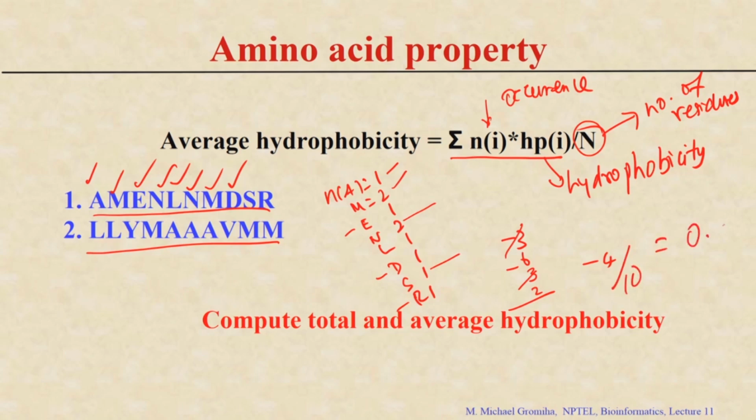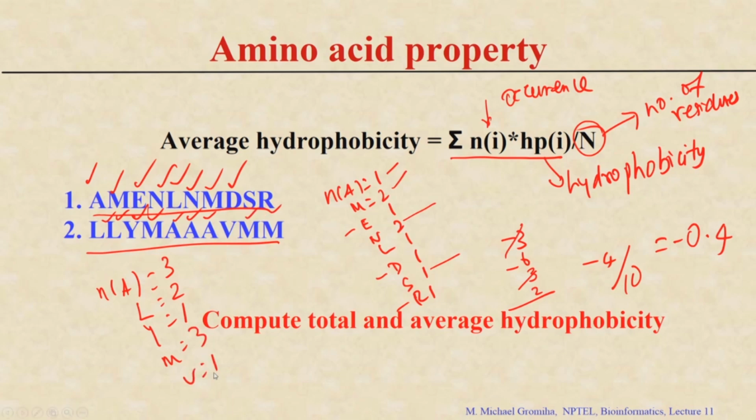this is equal to minus 0.4. We take the second sequence, here how many times A? 3. 1, 2, 3, L 2, Y 1, M 3, 1, 2, 3 and V 1.